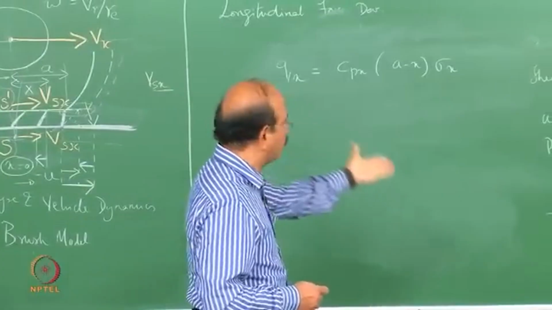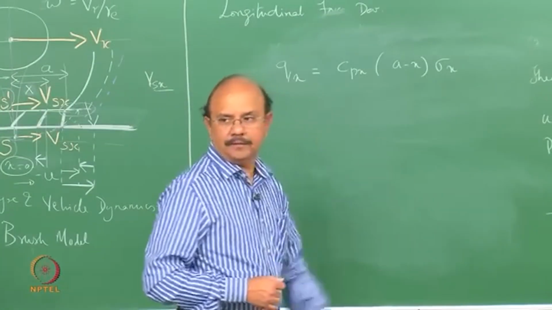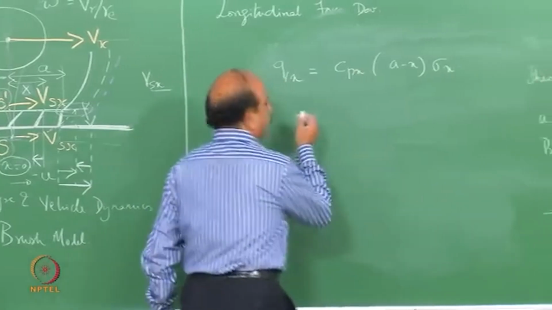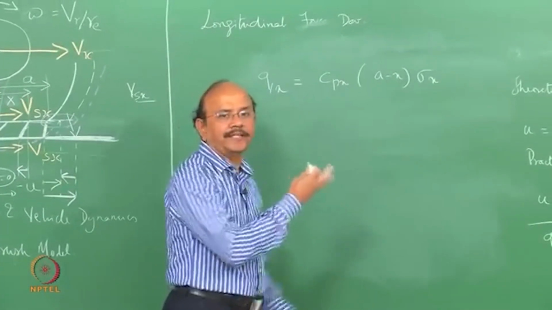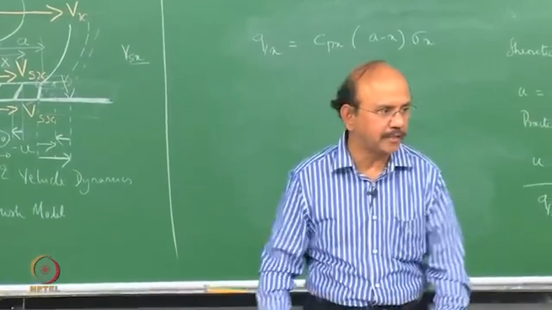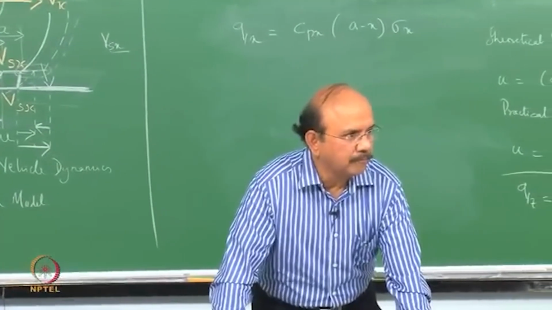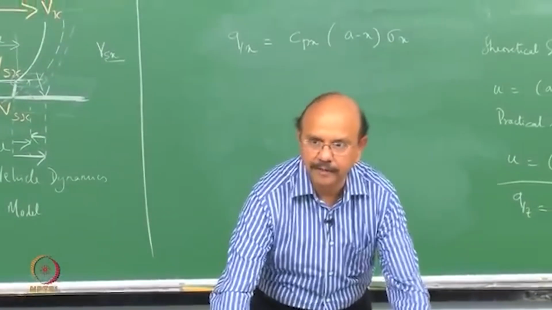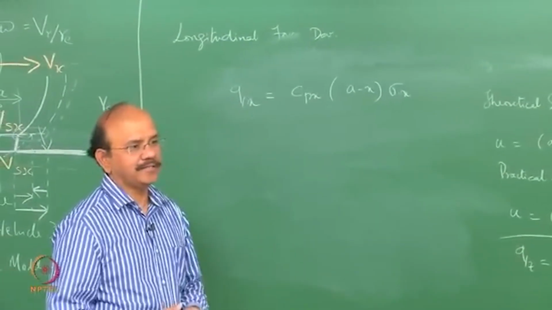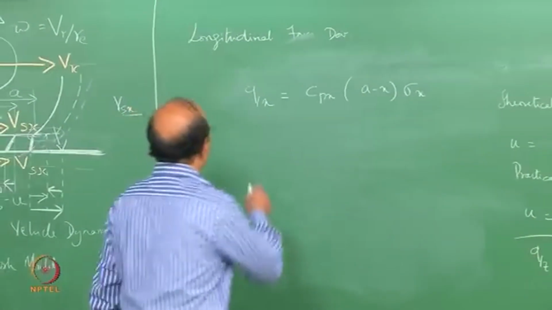So mu into Qz; I know Qz, Qx per unit length. So Qx, when it is less than mu Qz, there won't be any sliding, and when it exceeds, it will be there. So I will write that condition.